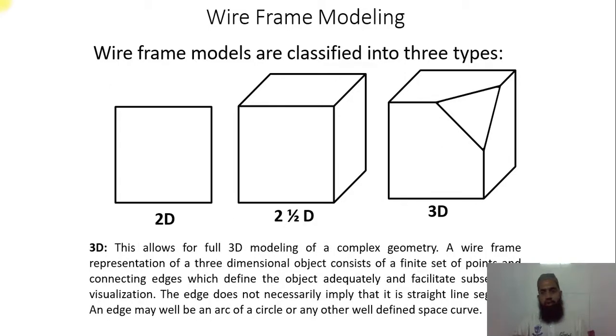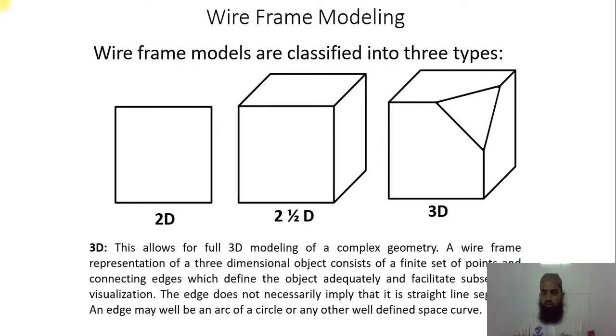Regarding 3D, all of you know that a 3D model always gives information regarding each and every side, surface, and point. So this allows for full 3D modeling of complex geometry. A wireframe model represents a three-dimensional object consisting of a finite set of points and connecting edges which define the object adequately and facilitate subsequent visualization.